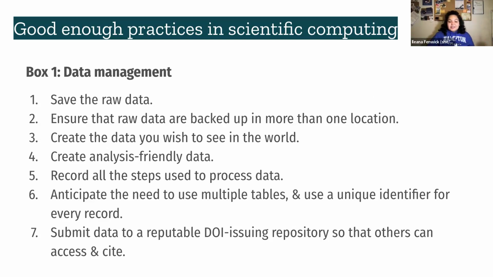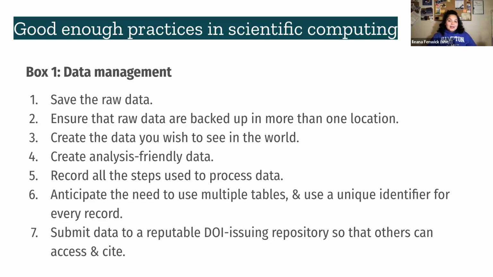And so for 6 and 7 here, anticipating your data and analysis needs and standardizing as much as possible. This is an opportunity if you're making a whole bunch of graphs, for example. How can I create a standardized version of all of these figures so that it's easier for myself and my collaborators and for the public or for people to interact with my work? And lastly is to make your data more accessible.